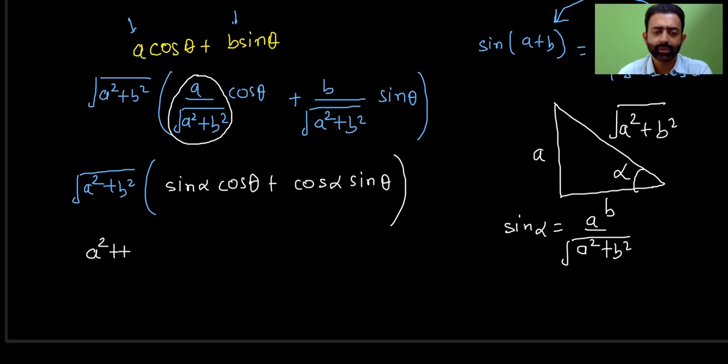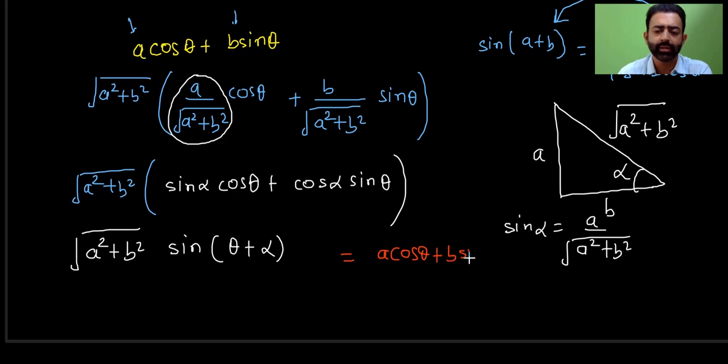So it is the square root of A square plus B square, and inside the bracket I can write this as sine theta plus alpha. Okay, now this is the resultant expression that I have represented, A cos theta plus B sine theta. Right, these two different trigonometric functions are now a single trigonometric function, which is just sine.